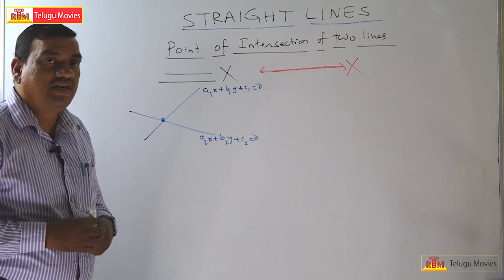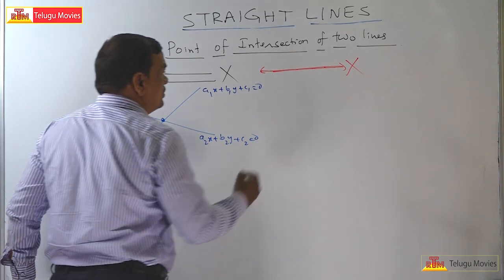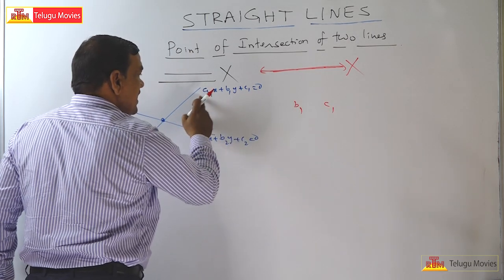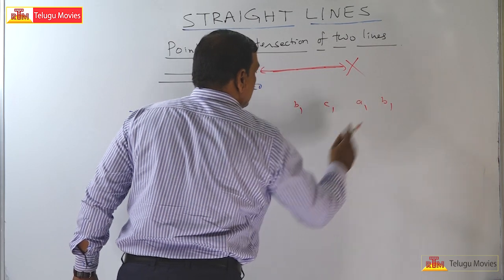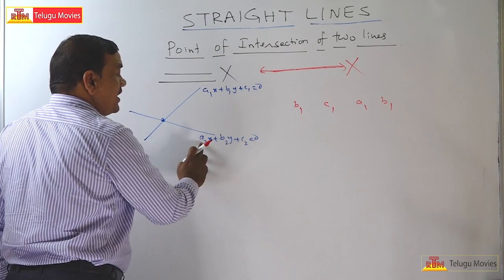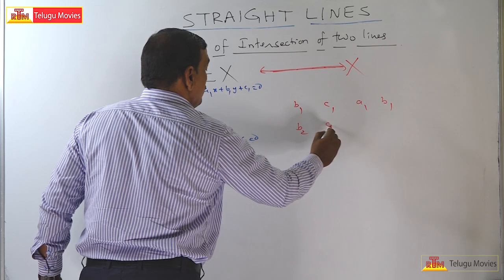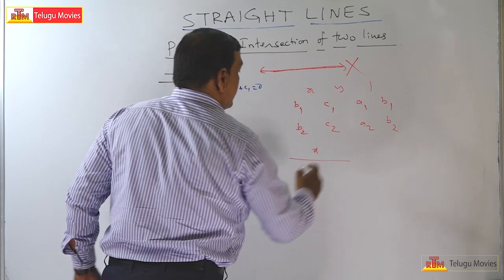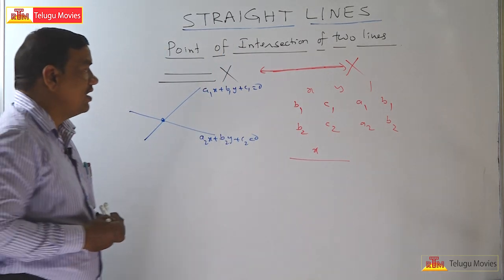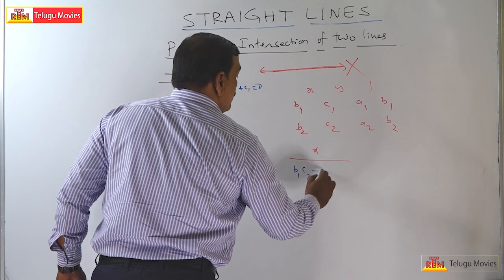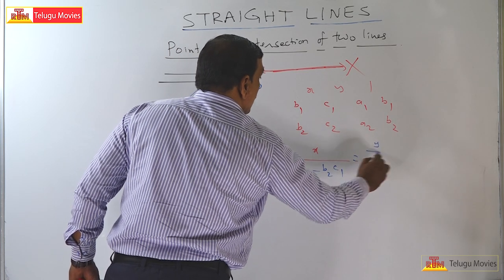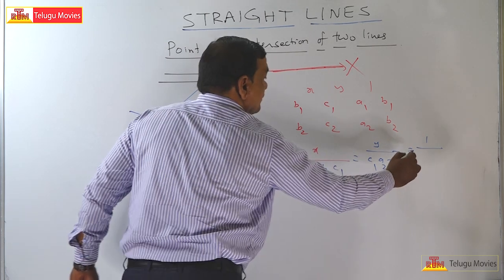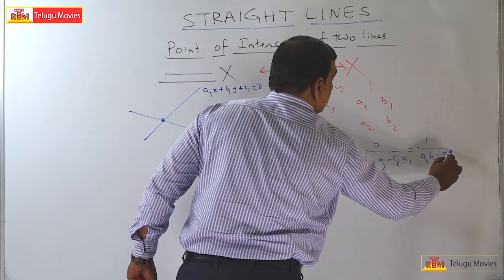So, first I will explain the cross multiplication method. First we will write down B1, next C1, again A1 B1. Here also B2 C2, again A2 B2. So, this is B2 C2 A2 B2, x y constant. So, x by B1 C2 minus B2 C1 is equal to y by C1 A2 minus C2 A1 is equal to 1 by A1 B2 minus A2 B1.